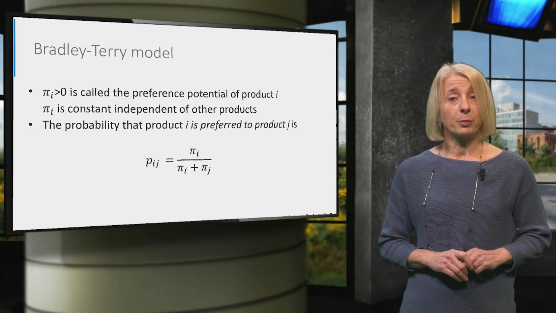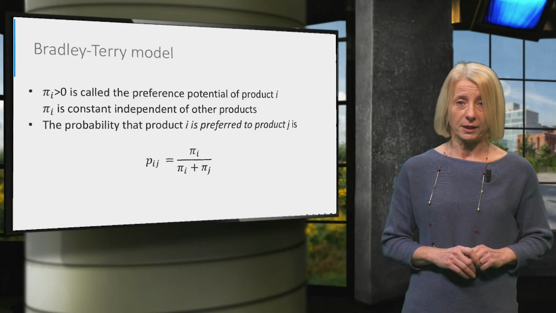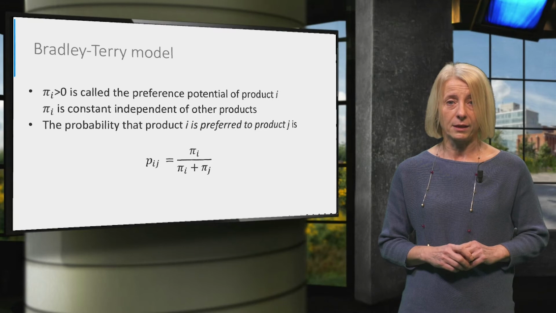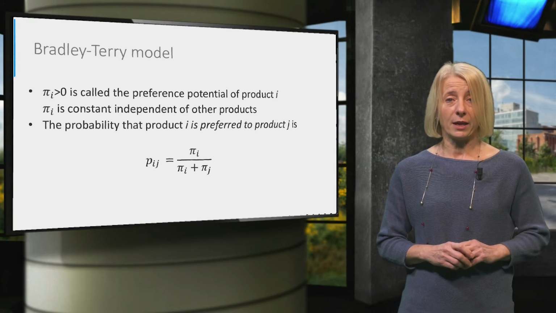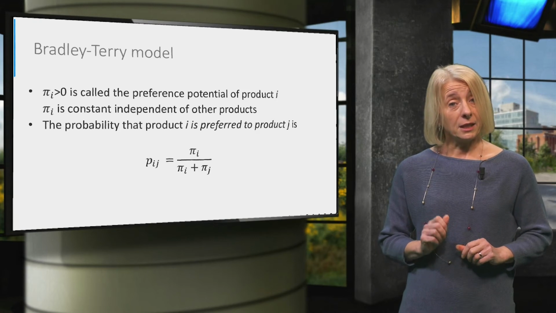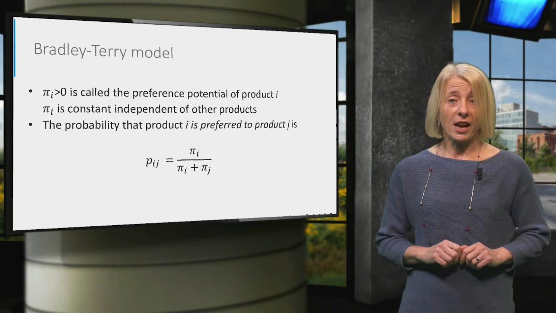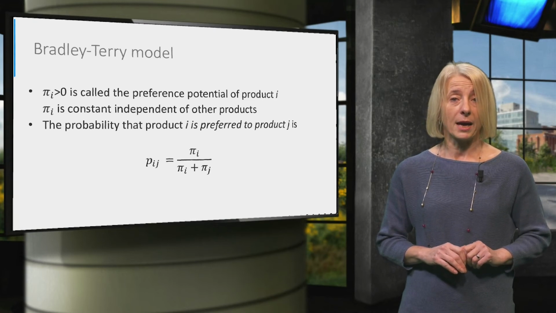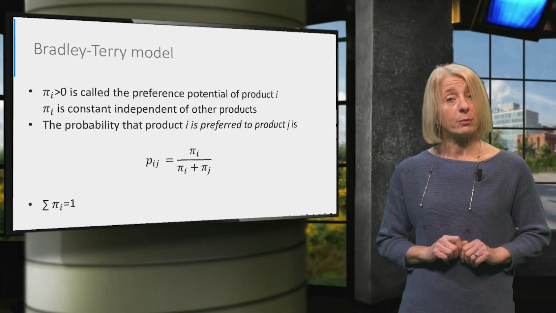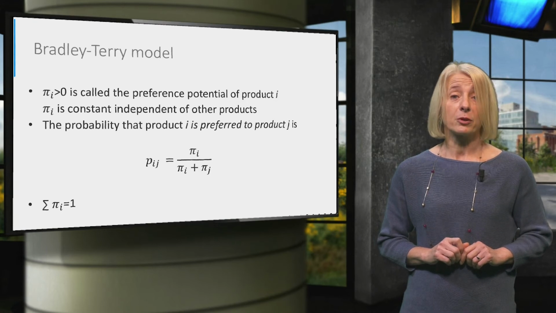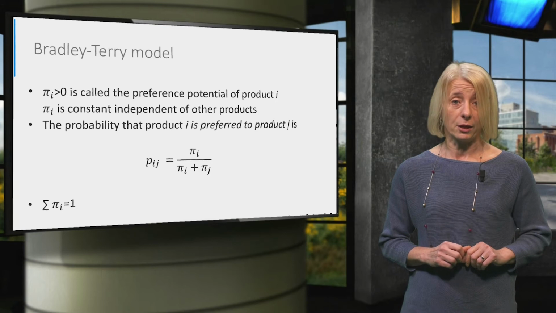The probability that product I is preferred to product J is equal to the ratio of the preference potential of product I to the sum of the potentials of products I and J. It is easy to see that the P_ij's would not change if the pi_i's were multiplied by a non-negative constant. Thus, to be able to recover a unique set of preference potentials, an assumption that they add up to 1 is included.